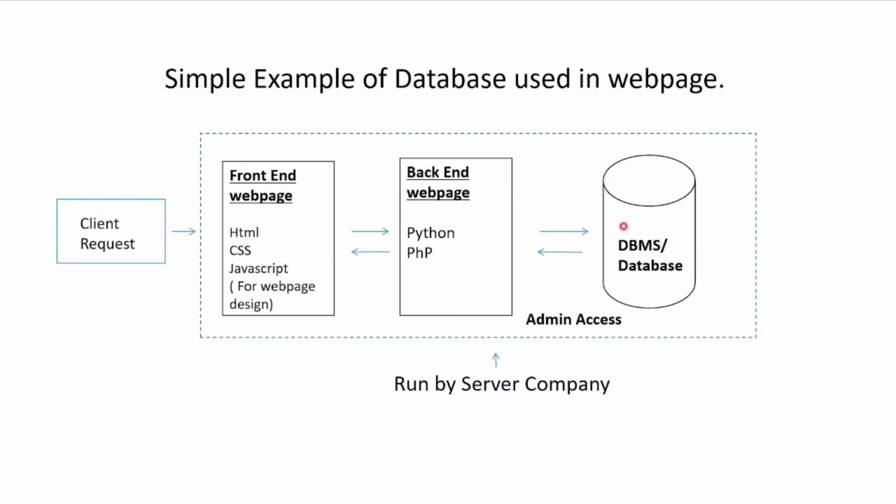So DBMS software, by analyzing, retrieves or accesses the information from database and provides it to the client through backend to frontend. So this is the simple example of database. And all these three parts are run by a server company or host company online 24/7. So this is the simple example of database management system and database.